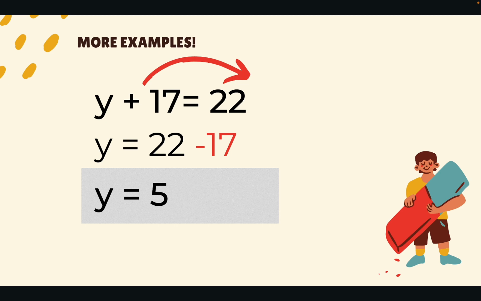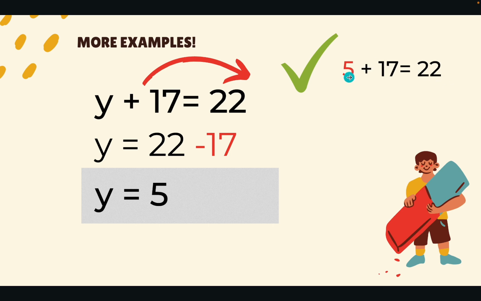Now how are we going to know if our answer is correct? Let us check. What we're going to do here is change the variable y to the answer that we got. So we have here 5 plus 17 equals 22.